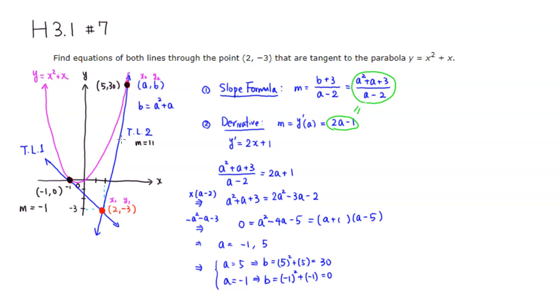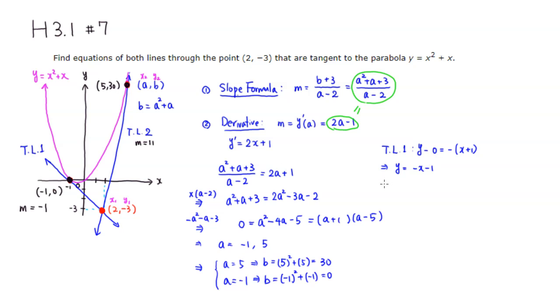So we can come up with two equations. For tangent line number 1, y minus 0 is equal to negative 1 times (x minus negative 1), so plus 1. Simplifying, y is equal to negative x minus 1.